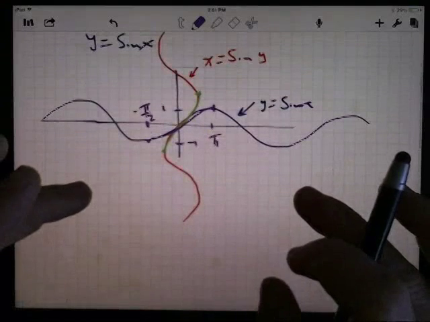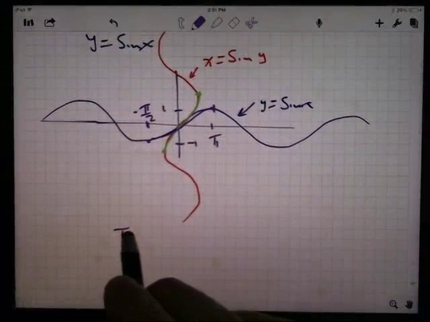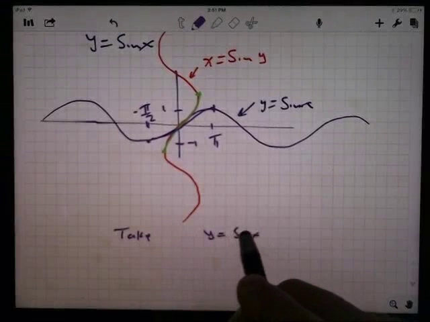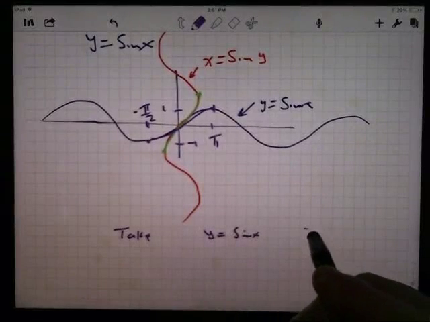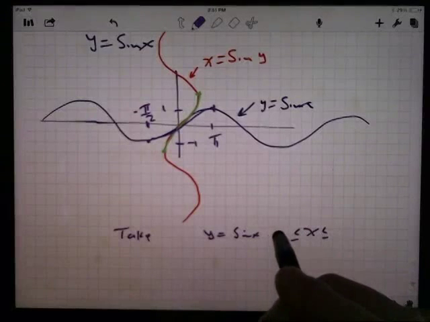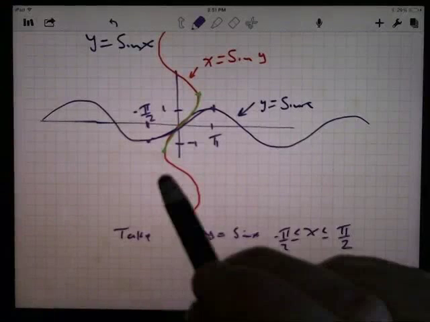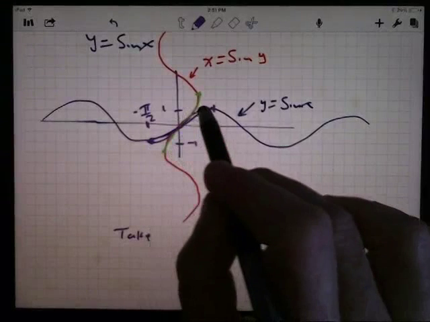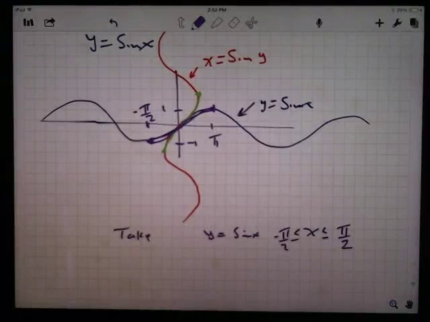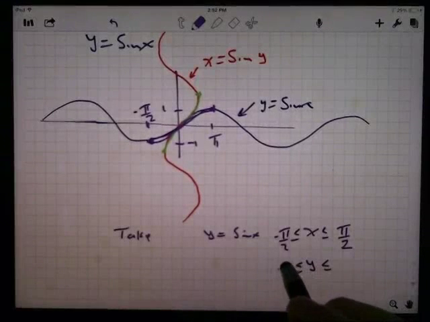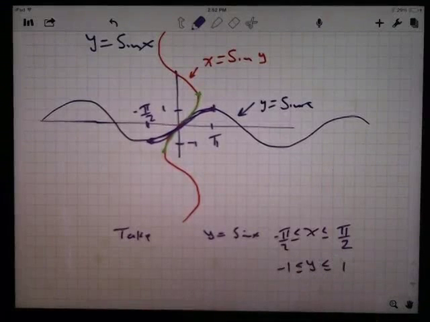So essentially what I'm doing here is I'm saying take the sine, y equals sine x, where x is between -π/2 and π/2. These are my blinders. I'm saying don't look at the whole graph, just look from here up to there, just that part. That gives me y values that are between -1 and 1. That's the complete possible outputs that the sine could give anywhere, right?